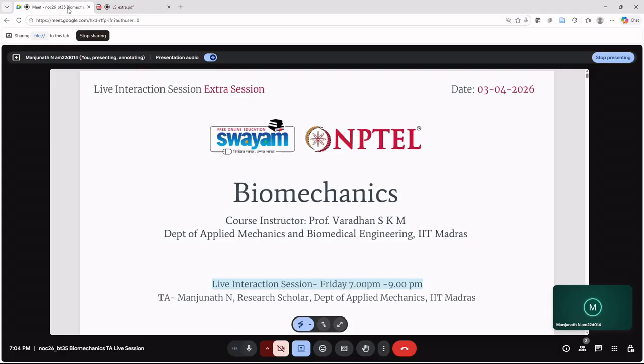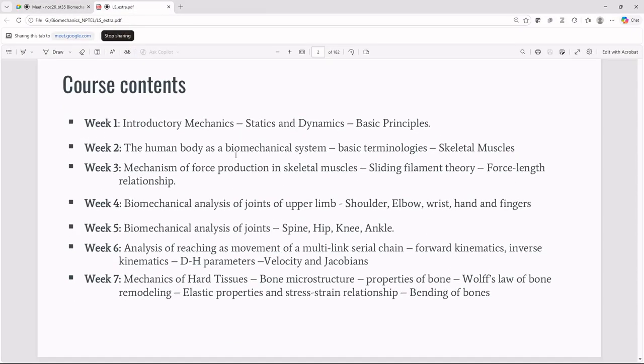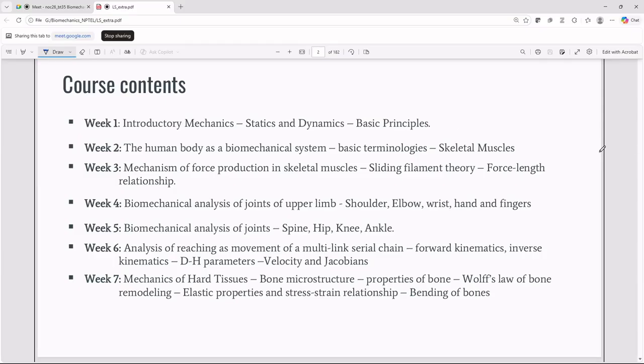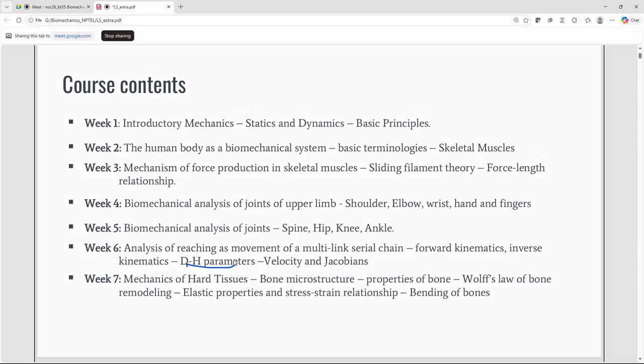We will be discussing majorly the DH parameters, that is the Denavit-Hartenberg parameters, that we couldn't cover properly or extensively during our week 6 interaction session. Also, along with that, a few other key questions and key topics from the other weeks will be discussed in today's session.